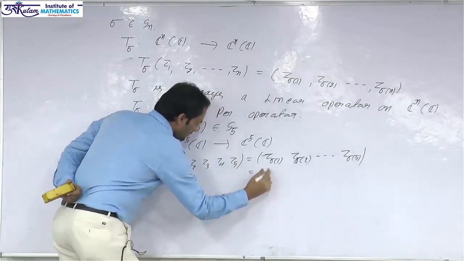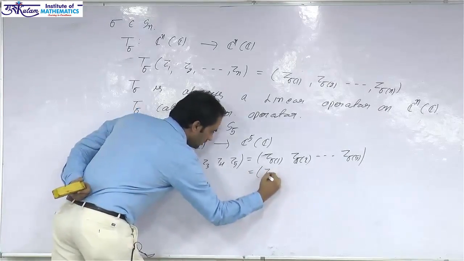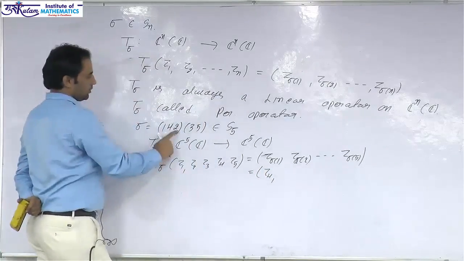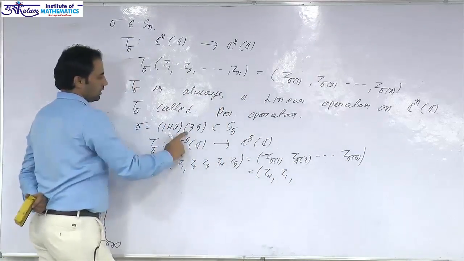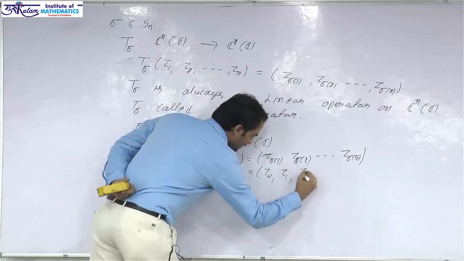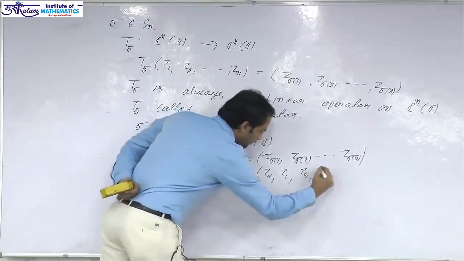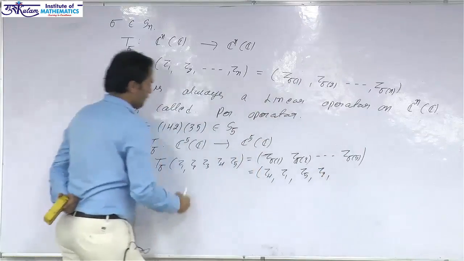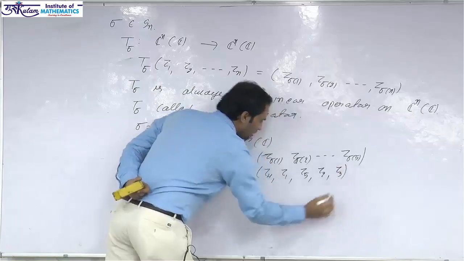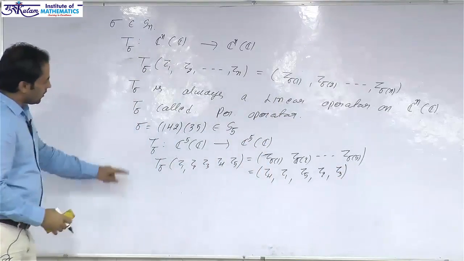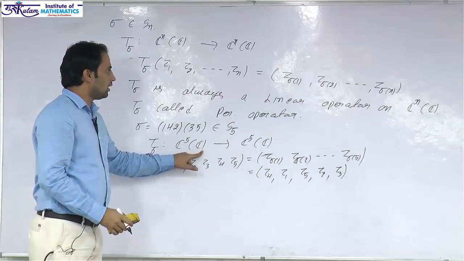In this case, the image of 1 is 4, that is Z4, the image of 2 is 1, that is Z1, the image of 3 is 5, that is Z5, the image of 4 is 2, that is Z2, and the image of 5 is 3, that is Z3. So this is a linear operator over the vector space C5 over C.